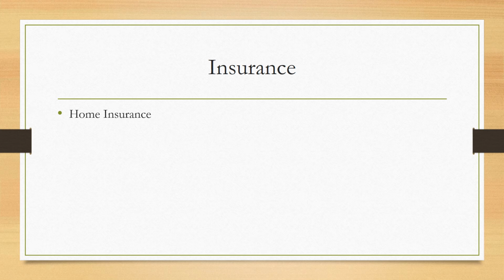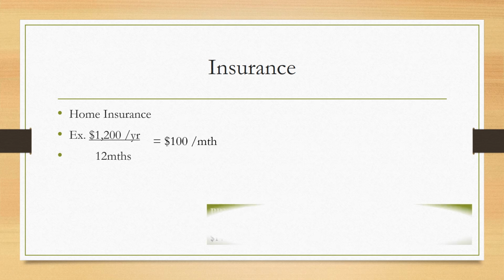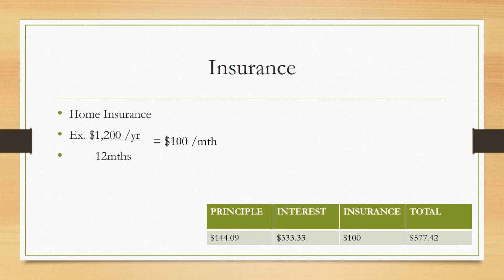So, if your homeowner's insurance premium is $1,200 a year, you would just divide that by 12 and you would have a monthly payment of $100 a month, bringing our current mortgage total to $577.42. And as we said before, these two numbers right here will always total the same amount, no matter how much is going towards the principal and how much is going towards the interest. And they find that by the amortization schedule.